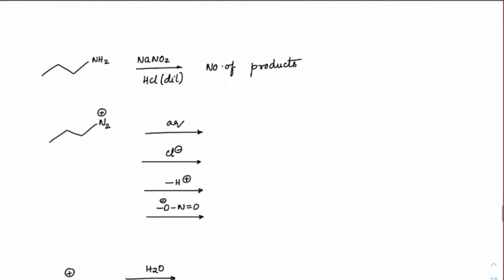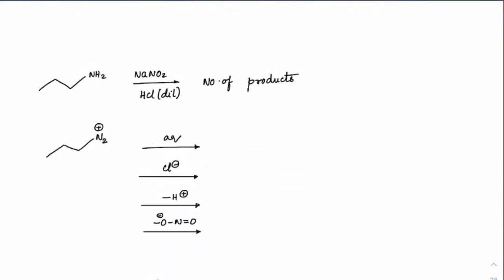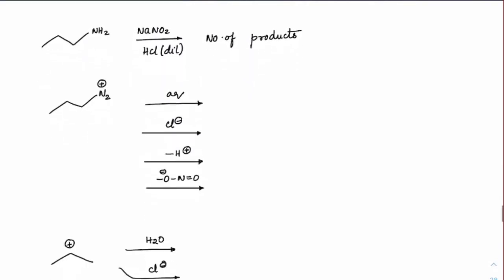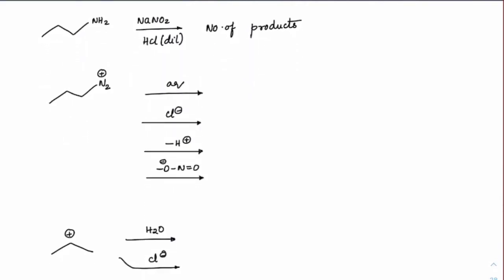Now, coming to some examples, especially when you have primary amines, it is asked what could be the products that are formed, the number of products. We have seen a similar question before also in alcohols. You see, in a primary amine, after reacting with NaNO2, we will get a diazonium ion here, right?